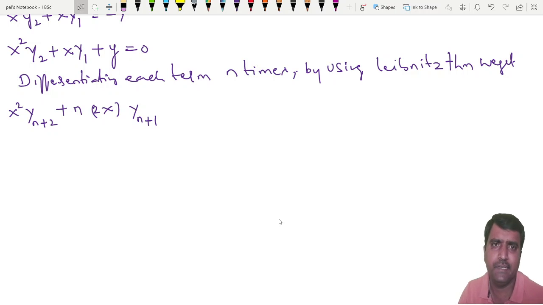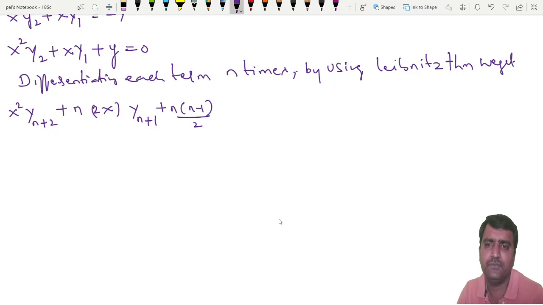Next step it is plus n into n minus 1 by 2, because nC2 value is n into n minus 1 by 2, and differentiate 2x, it is 2, and reduce one from y n plus 1, so it becomes y n.